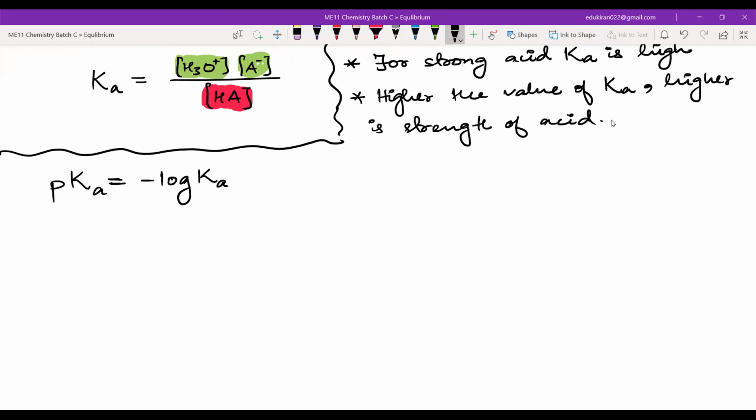Now, in this case, you can easily see that if the Ka is high, minus log of that thing will be low, right? Yes or no? How can we write the relationship between Ka and pKa? If Ka is going to be high, the minus log of Ka will be lower, right?